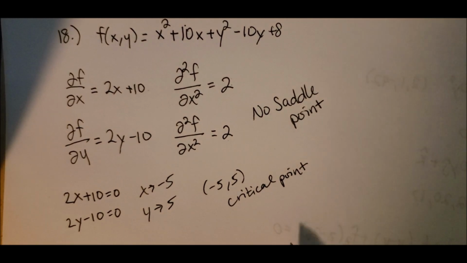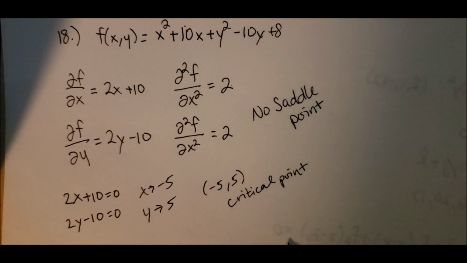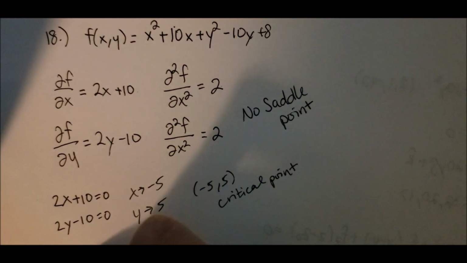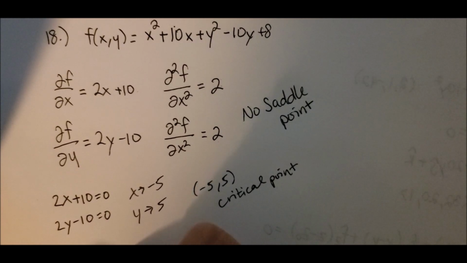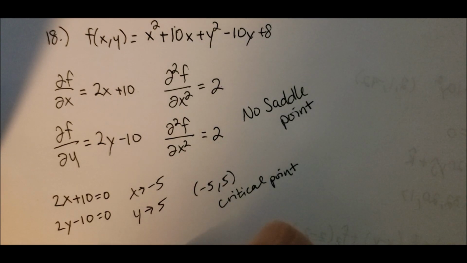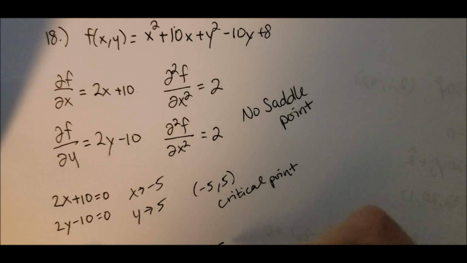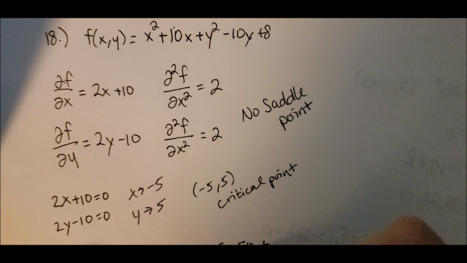So if I evaluate, I get 25 minus 50 plus 25 minus 50 plus 8.